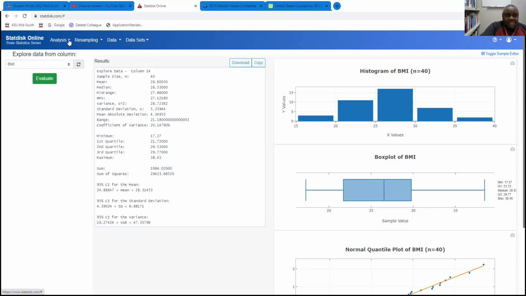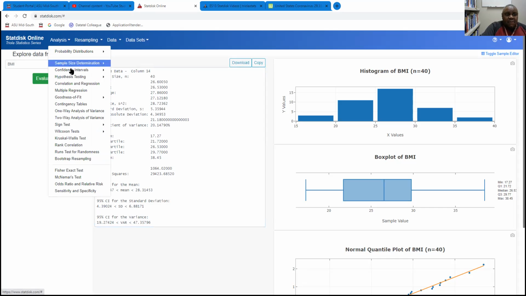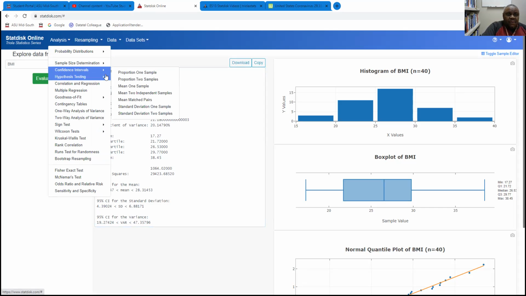Now, we're going to go back to analysis, go to confidence intervals. This time, we're dealing with a confidence interval for a population mean. So it's going to be the mean one sample, because we're dealing with a single sample here.